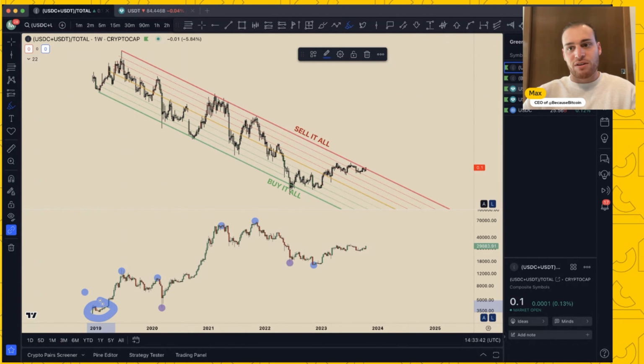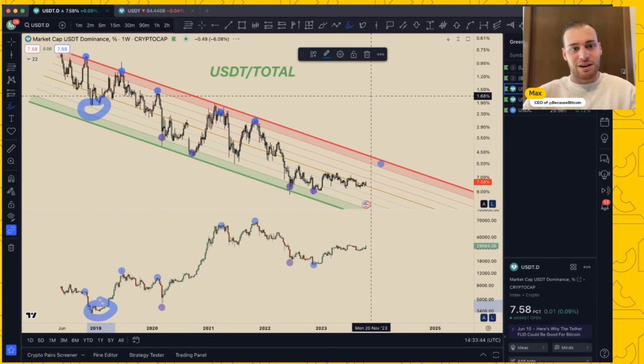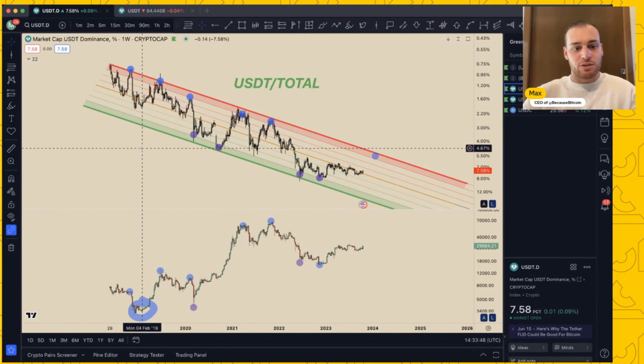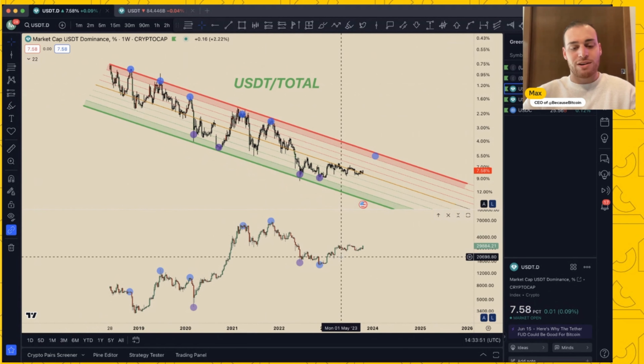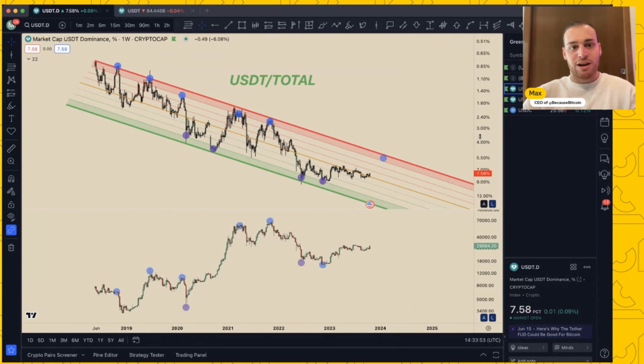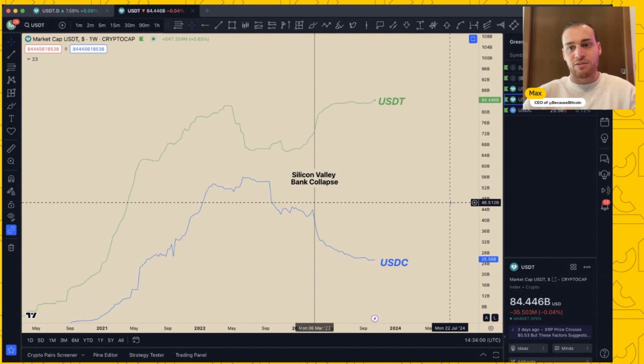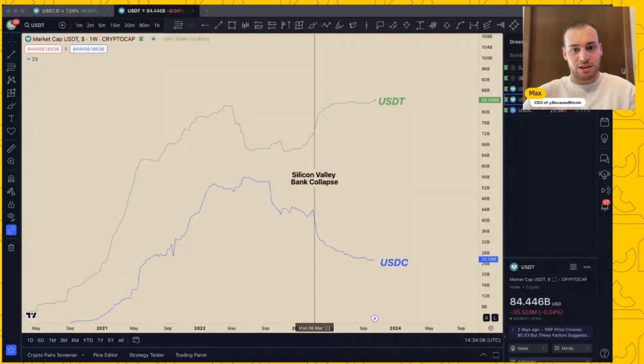But given current market conditions, I just don't think it makes a whole lot of sense to include or weight USDC into this channel or this equation anymore, because this one is a very clean channel as well. And what we're seeing over here is indicative of where we should be looking, which is Tether, not USDC.